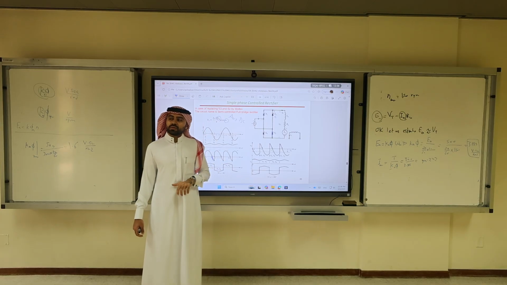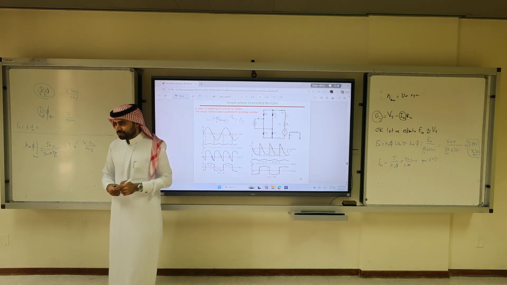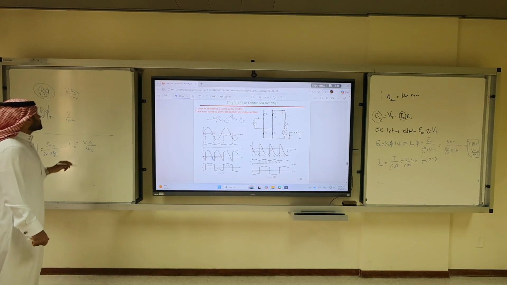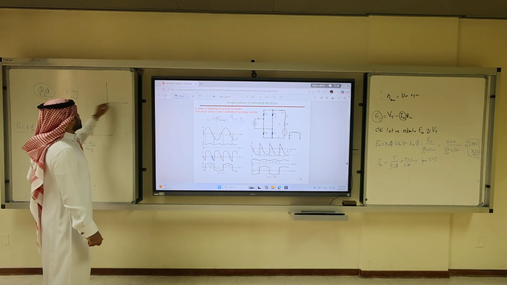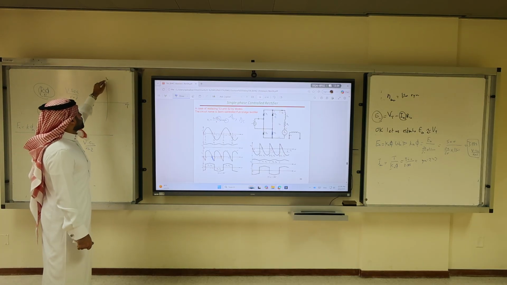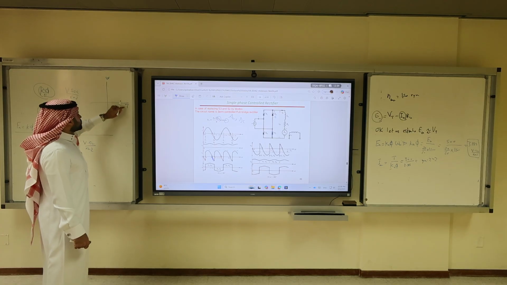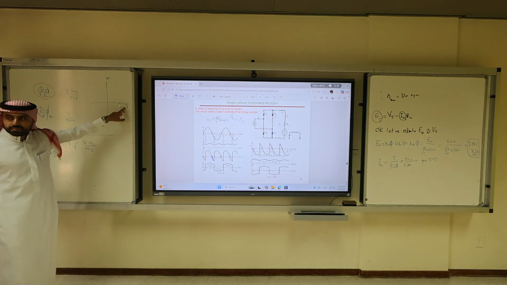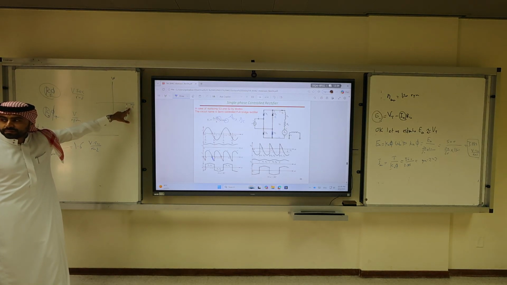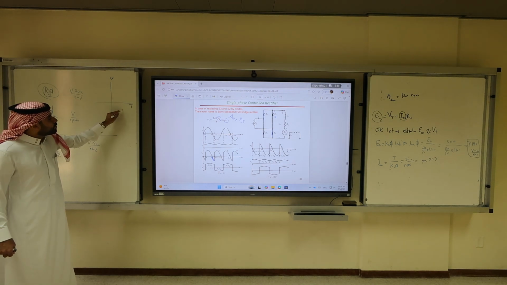So what quadrant is this? Second quadrant? No? Remember, we're using torque and omega. So torque, is it positive or negative? Positive. Current is negative. We operate at the fourth quadrant.